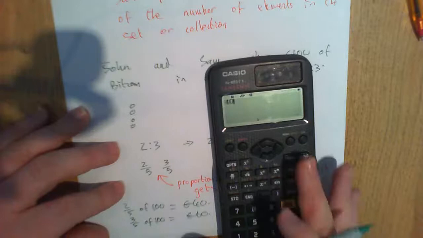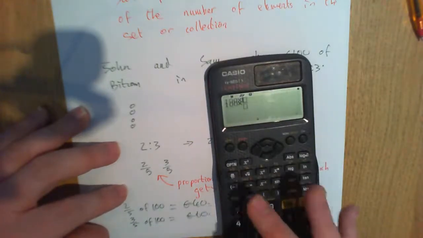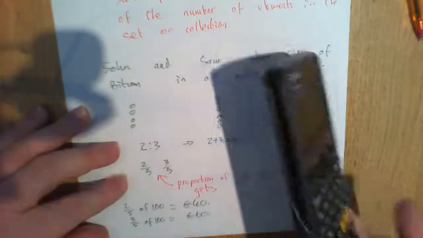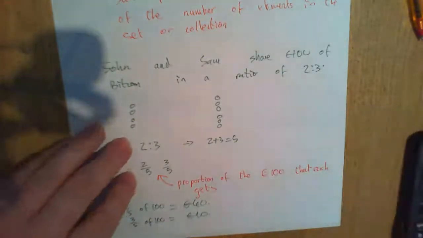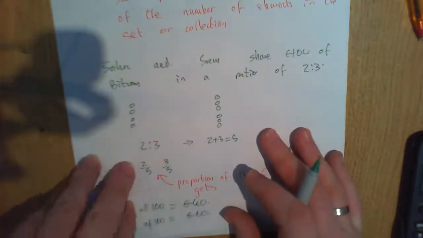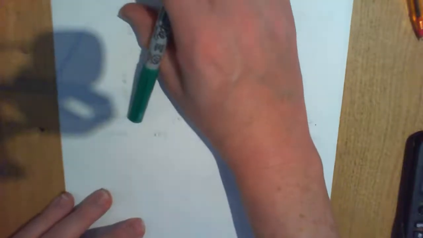So, have a look at another one. Right. Mixed school. The ratio of boys to girls is 6:5.